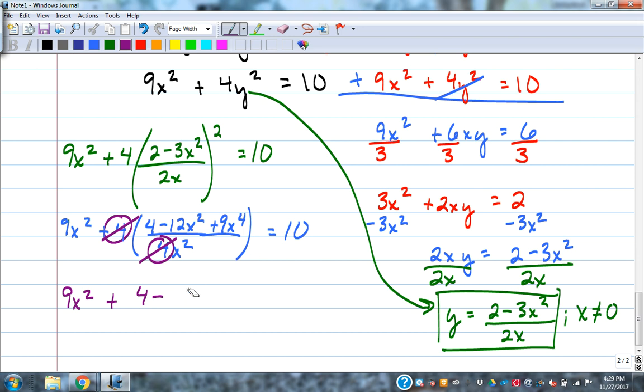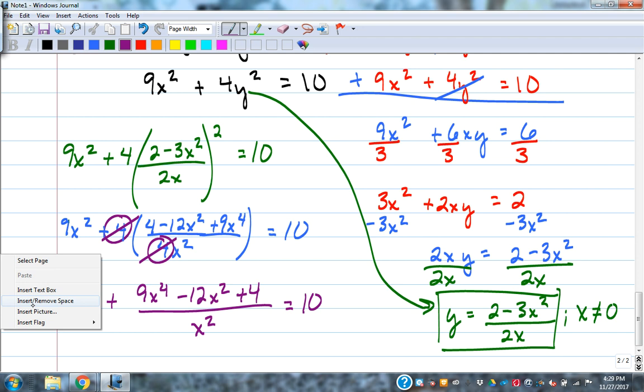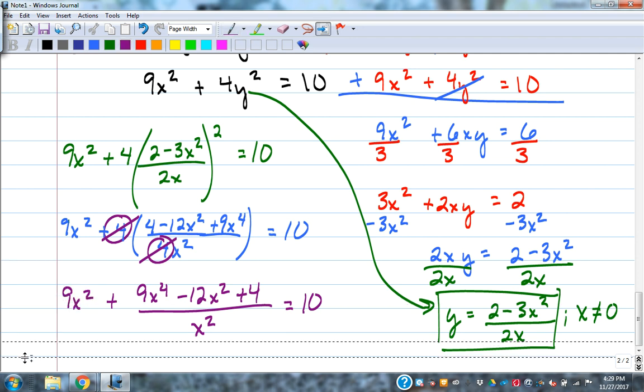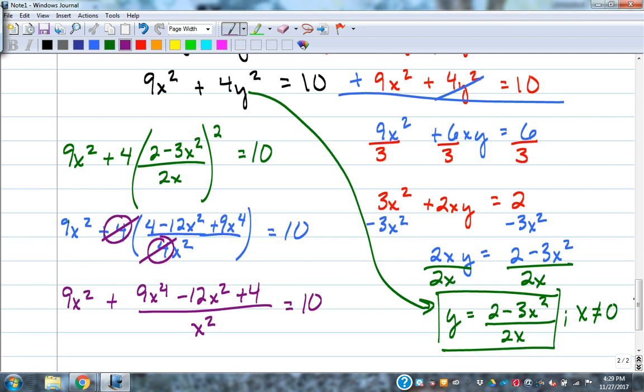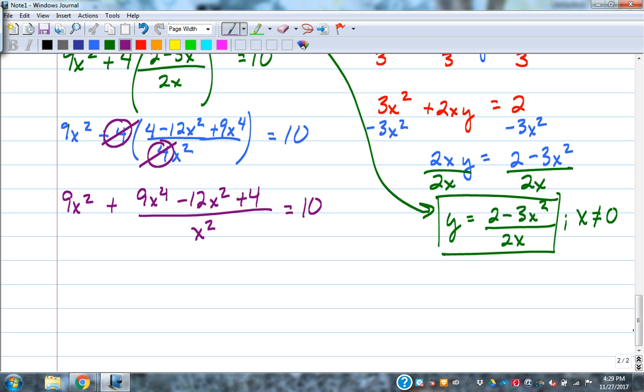Oh, let me put that in the right order. 9x to the 4th minus 12x squared plus 4. All that's still over x squared. Now, like I said, not an easy problem, but it only has one variable. So it's more doable than the one that had 2 variables in it, right?